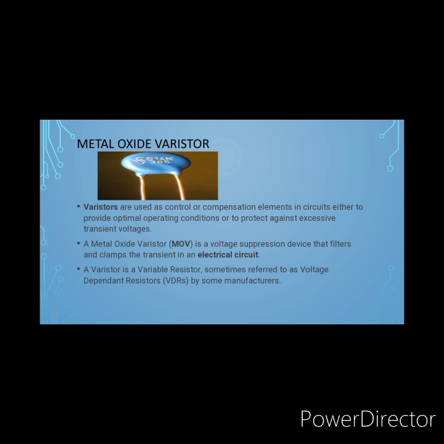So, yung metal oxide varistor daw ay ginagamit para makontrol yung compensation dun sa circuit. A metal oxide varistor is a voltage suppression device that filters and clamps the transients in electrical circuits. A varistor is a variable resistor, sometimes referred to as voltage dependent resistors by some manufacturers.